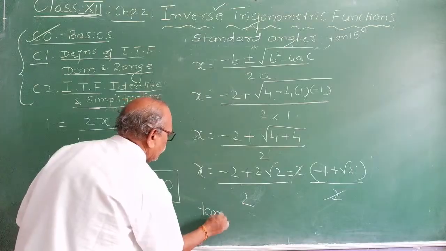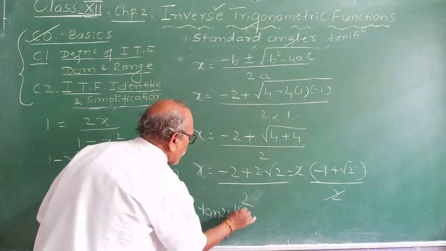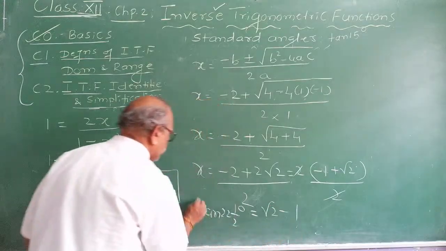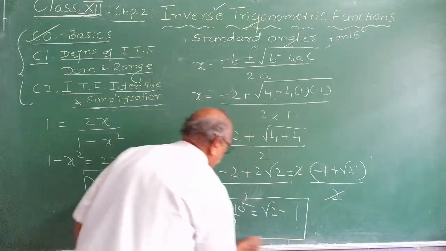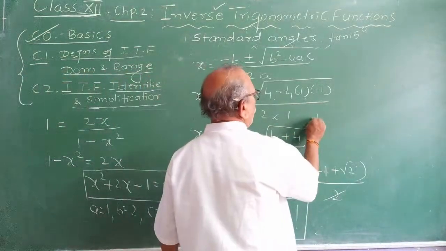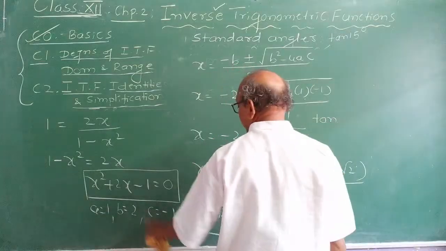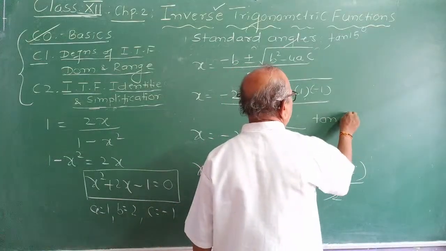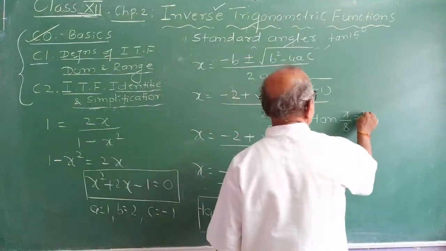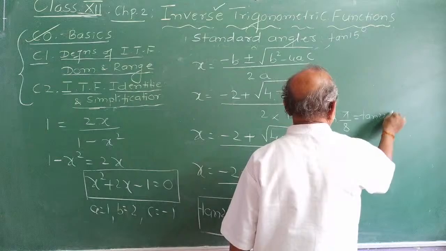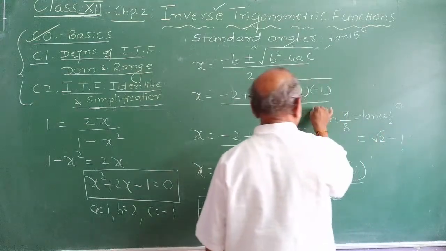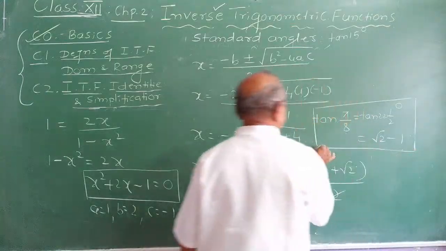X is tan at 22.5 degree, which can be written as root 2 minus 1. Thus we got another standard angle, tan of pi by 4 divided by 2, that is pi by 8, is equal to tan at 22.5 degree. Remember, root 2 minus 1, don't forget it, add it into your list.